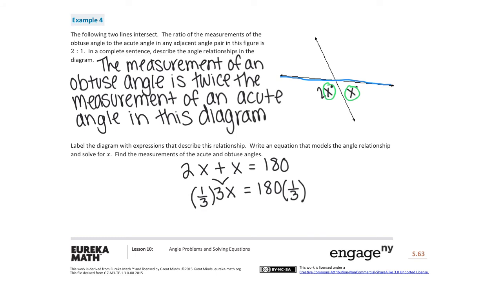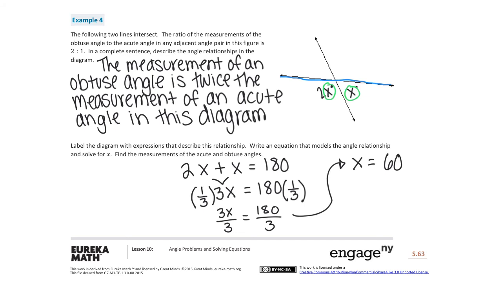Now, I have 1 times 3x, which is 3x over 3, and I have 180 times 1, which is 180 over 3. 3 over 3 equals 1, so now I'm going to have 1x equals 180 divided by 3, and that's going to give me 60. So now I know that x equals 60.